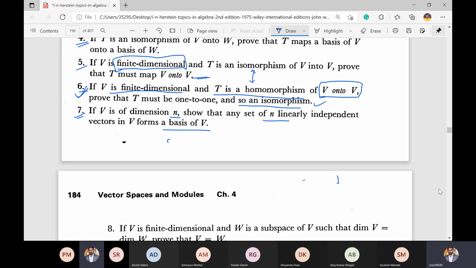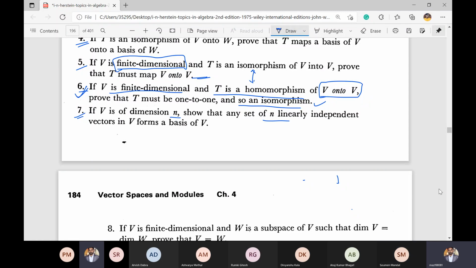If the n linearly independent vectors do not form a basis, then we can extend them to a basis of V that contains those n linearly independent vectors. If our basis contains at least one more element, then that would contradict that the dimension is n. Yes, got it.